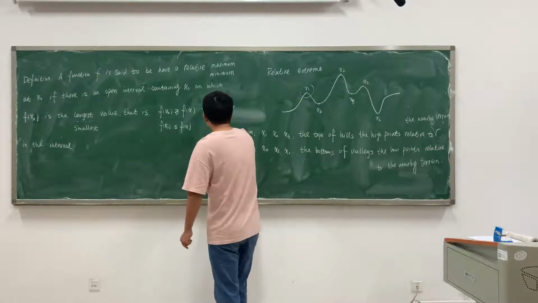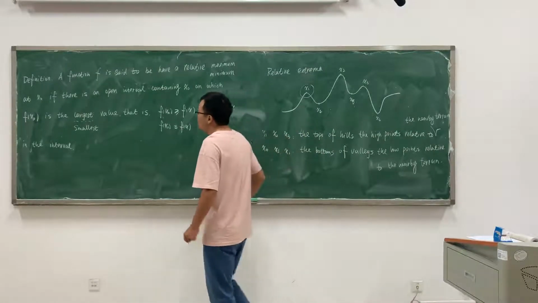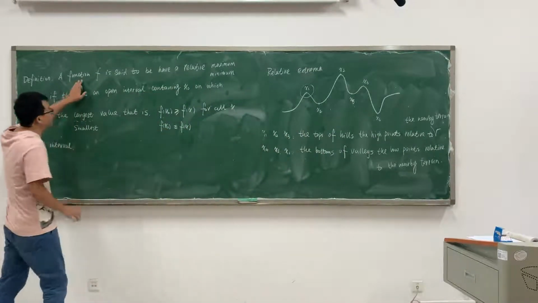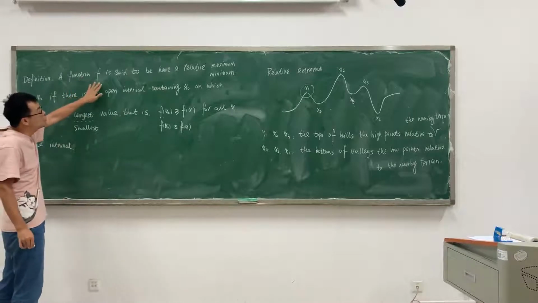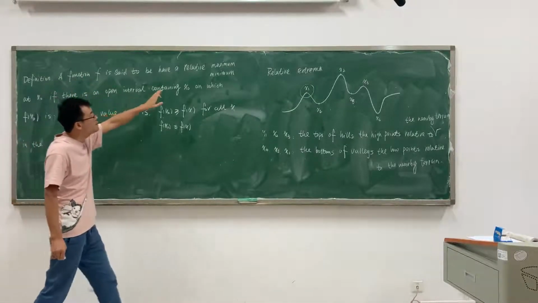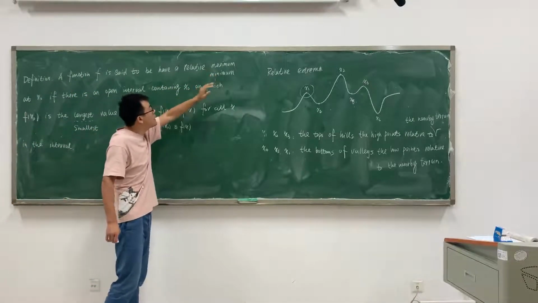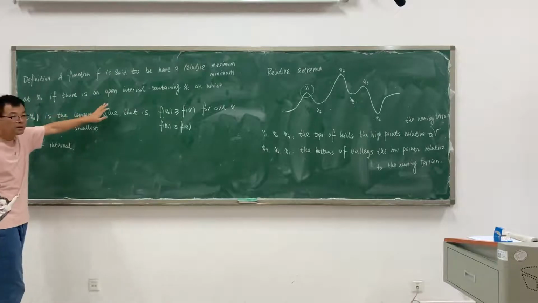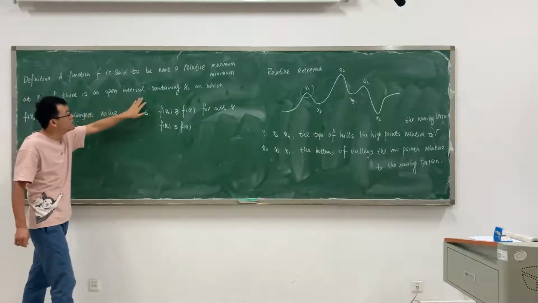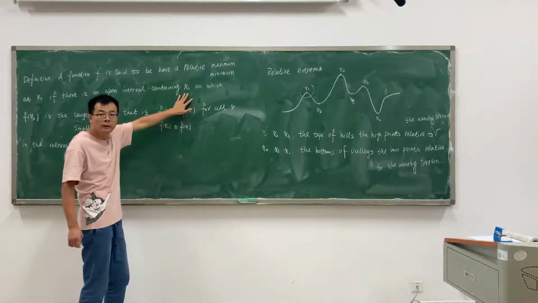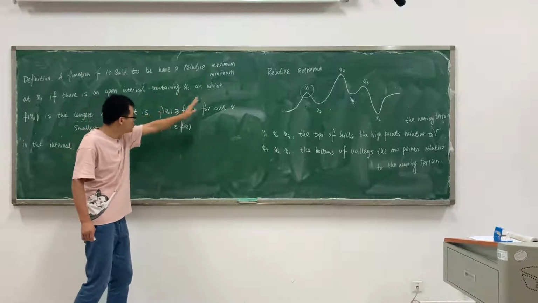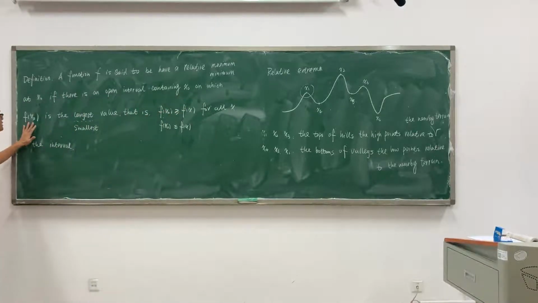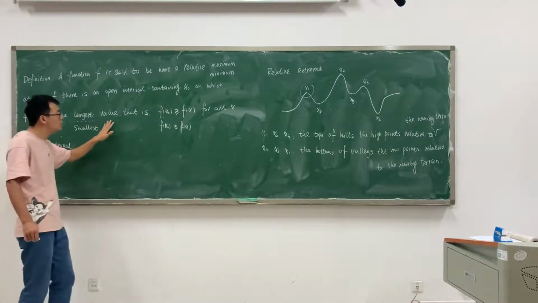The definition is like this. A function f is said to have a relative maximum at x0 if there is an open interval containing x0 on which f(x0) is the largest value.